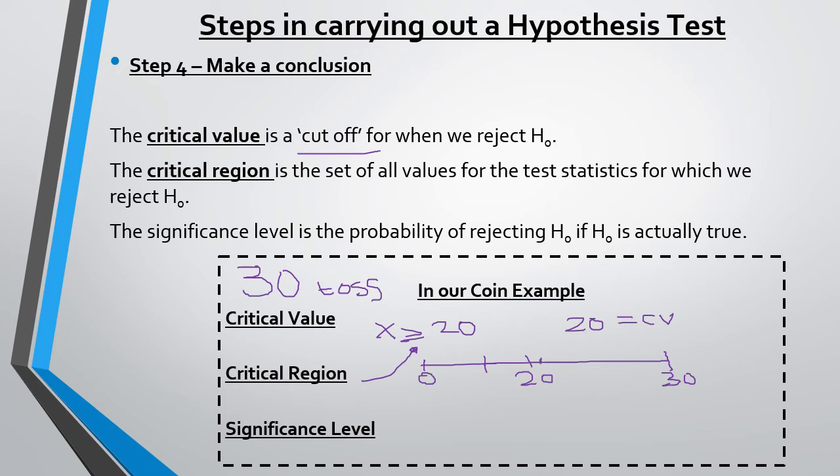If my observations land in here, then I'm rejecting. So that critical region there is where I'm rejecting. This is the danger area. You go in there and you're rejecting that it's a fair coin.